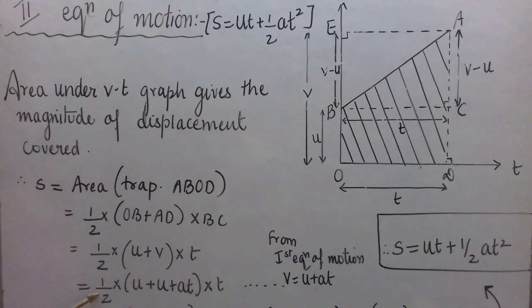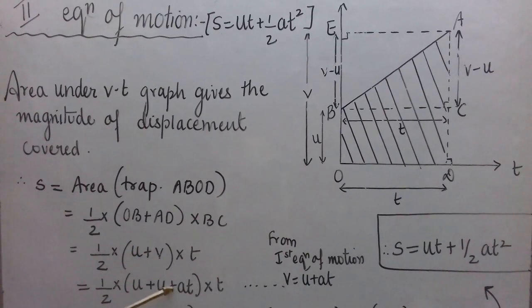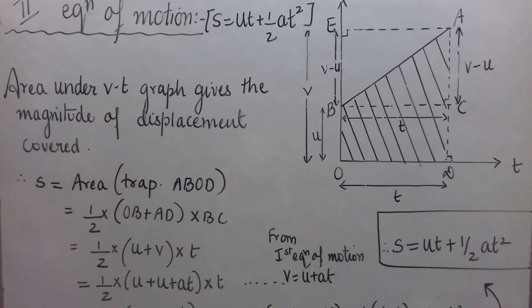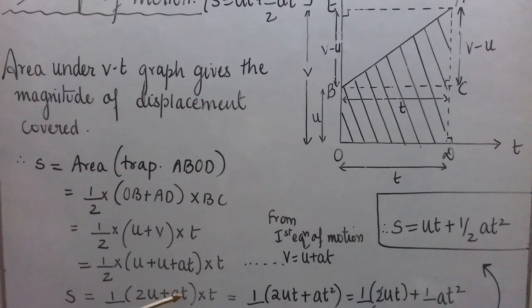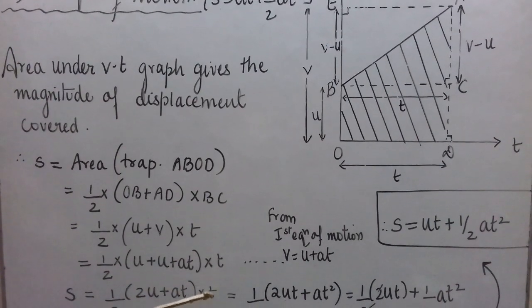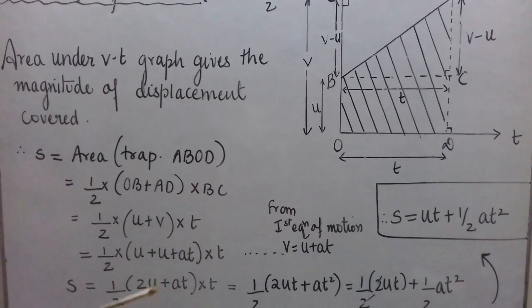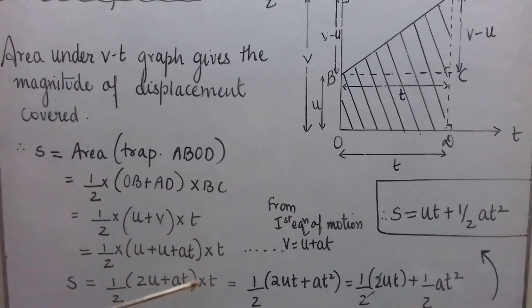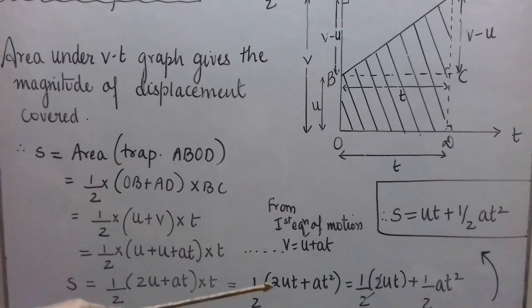So S is equal to half into U plus, instead of V now we have U plus AT, into T, is equal to half into U plus U is 2U plus AT, then bracket into T. Now multiply this T with both the terms inside the bracket. So it will be equal to half into 2UT plus AT square.